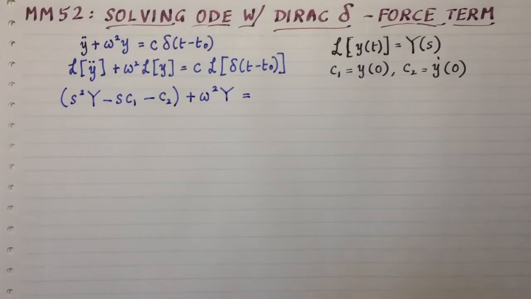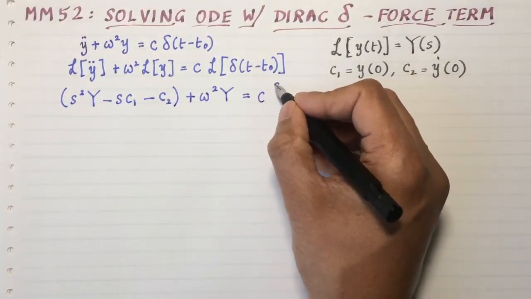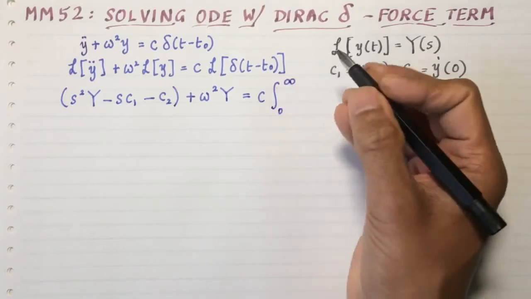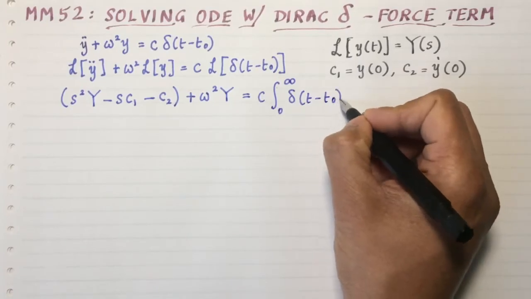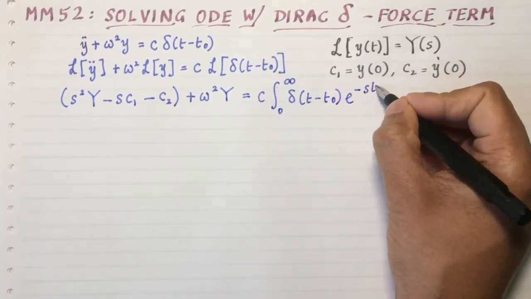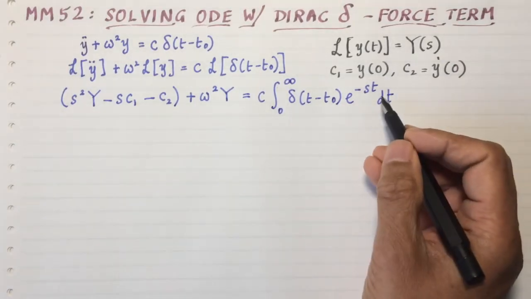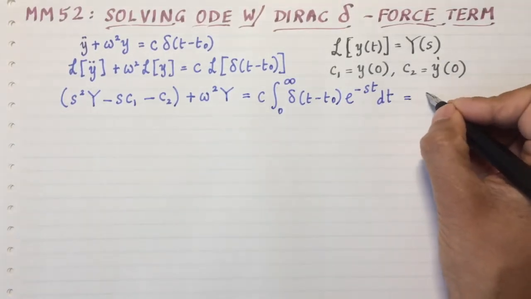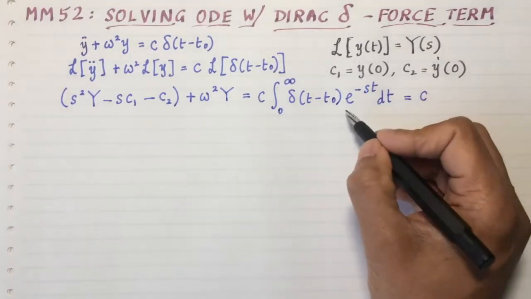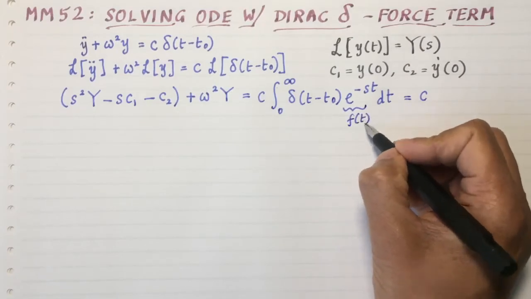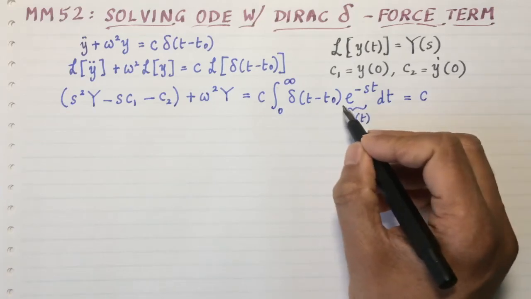Well, here all we have to do is evaluate the actual thing. The Laplace transform of a function, any function, is the integral from 0 to infinity of that function times e to the minus st dt. Now by the extraction axiom of Dirac delta functions, this is just c times the value of the function, because this is like your function f of t in the previous video where I showed you what the Dirac delta function does.